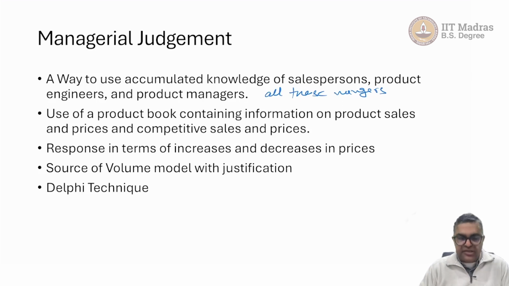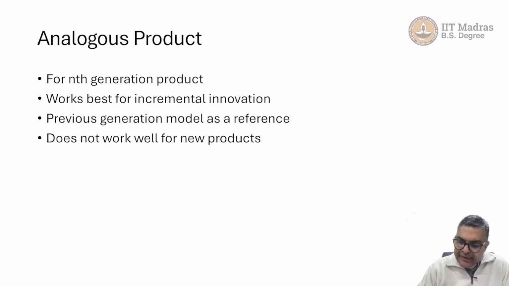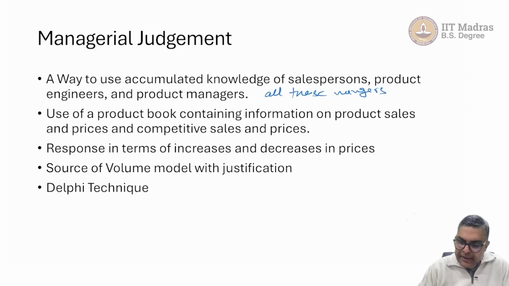All this information is given to them, and then they are asked what would happen to demand, the quantity demanded, if price goes up by X% or if price goes down by X%, and this X can be 2 or 4 or 5, something like that.